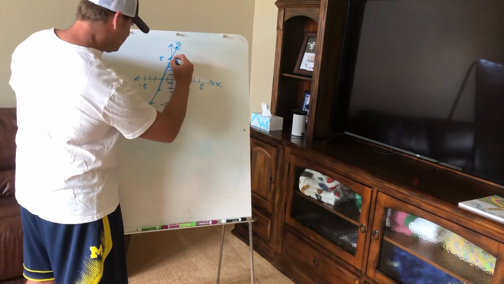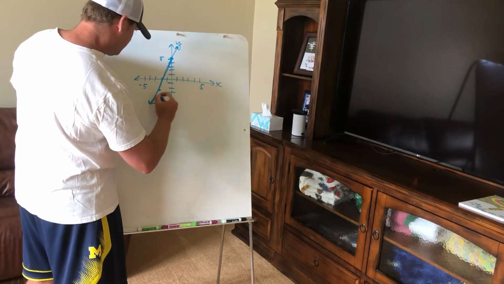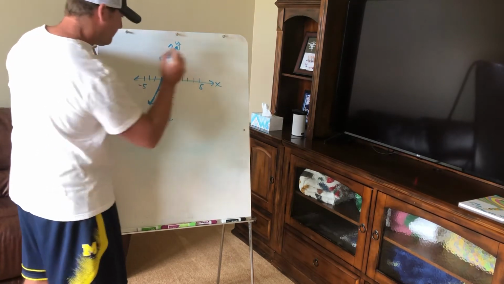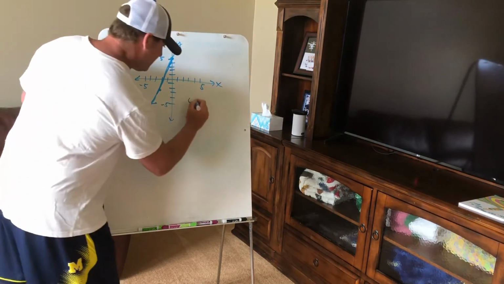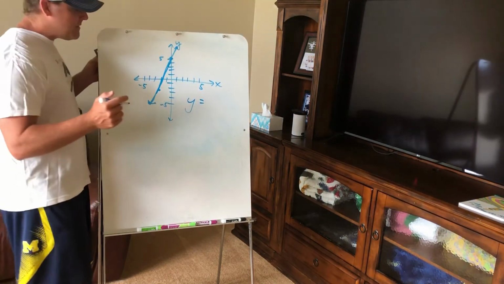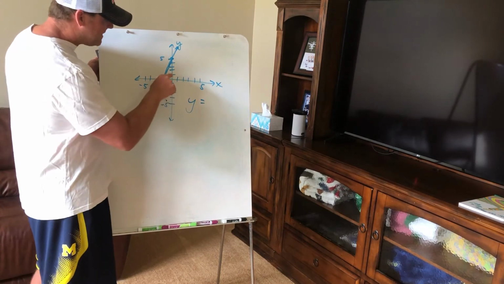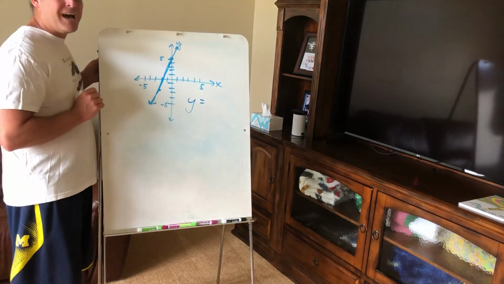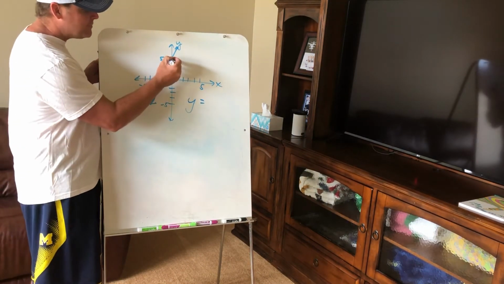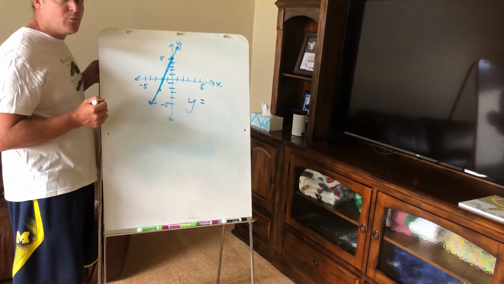My apologies. Okay. Needs to be y equals mx plus b. Start with the y-intercept. The y-intercept is at positive 5. The y-intercept is where the line crosses the y-axis.